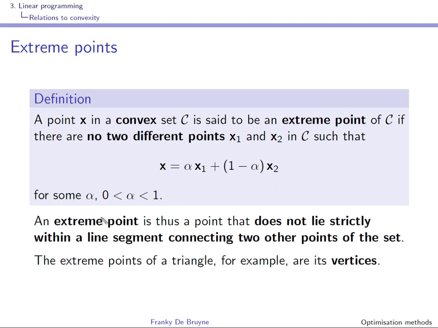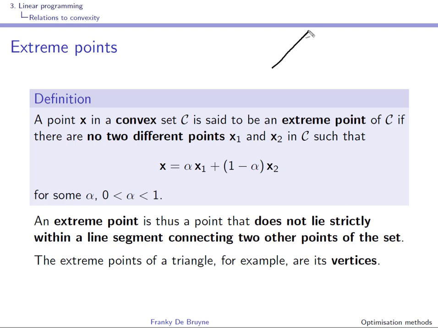A point x in a convex set C is an extreme point of C if it is not possible to find 2 points x1 and x2 such that x can be expressed as a convex combination of these 2 points for some alpha in this interval. So an extreme point is a point that does not lie on a segment that connects two other points of the set. For instance, the extreme points of a triangle are the vertices.